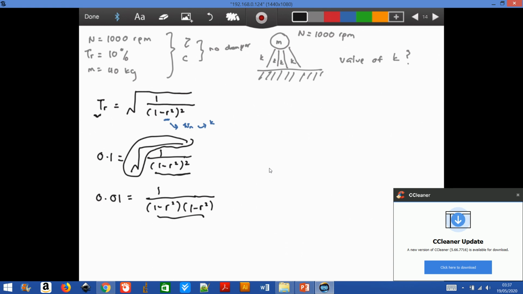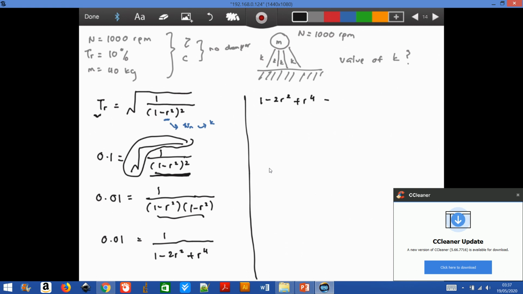Because it is 1 minus r squared to the power of 2. So 0.01 is 1 over (1 minus 2r squared plus r to the power of 4). So 1 minus 2r squared plus r to the power of 4 equals 100. So r to the power of 4 minus 2r squared minus 99 equals 0.